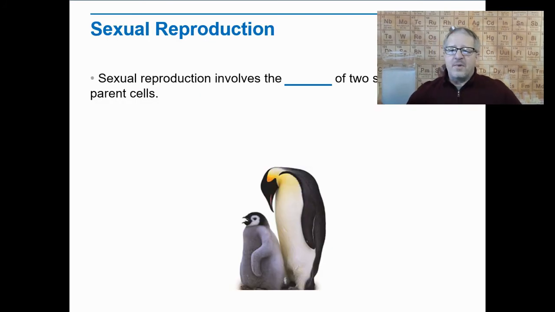Now, remember at the beginning of this presentation, I mentioned that we wanted to think about how asexual reproduction is related to humans. Well, humans, like other animals, will actually grow and repair their bodies through cell division. But to reproduce themselves, humans use sexual reproduction.